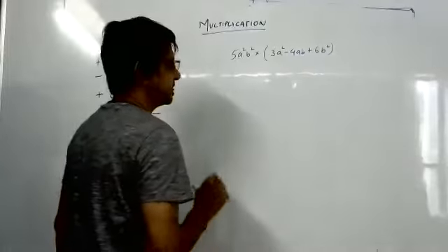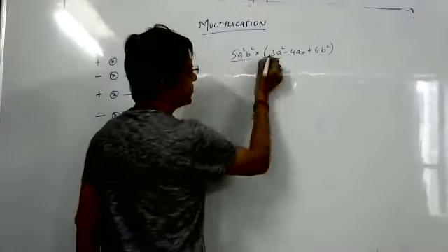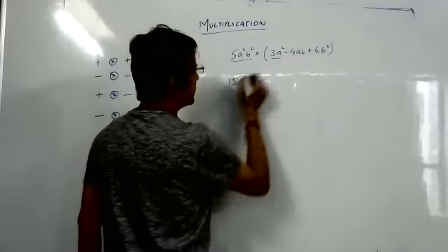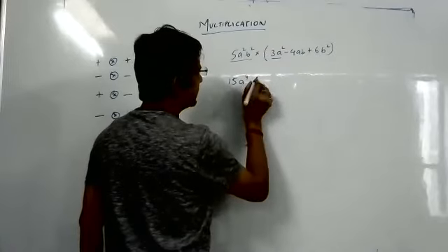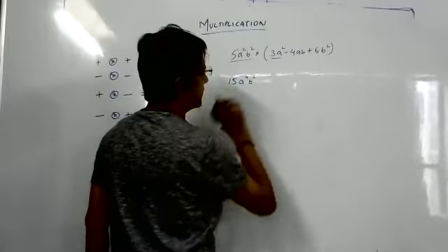I will solve it first. So this into this, plus into plus, plus. 5 into 3, 15. a into a square into a square, a to the power 4. Just listen. b square, so it will be b square.